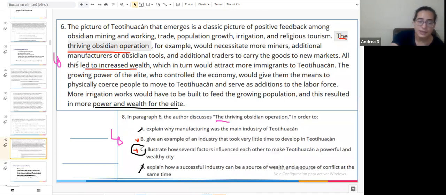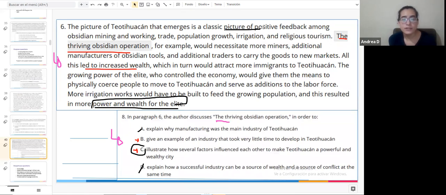And as Maria was saying, it is about how Teotihuacan became this powerful and wealthy city, right? It's about how they achieved that power and wealth. And if you want to go deeper, it's because all of these factors they mentioned at the beginning, like mining, working, trade, influenced each other positively.